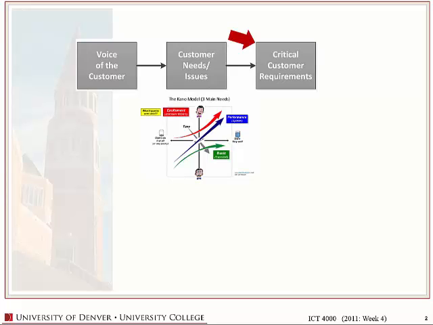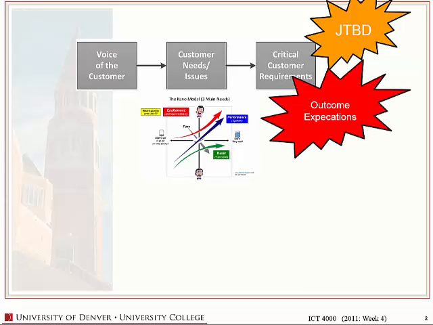And from that, we will define the critical customer requirements. And these critical customer requirements are the job to be done that your customer or users hire your strategic initiative to do, and the outcome expectations that they expect to see.